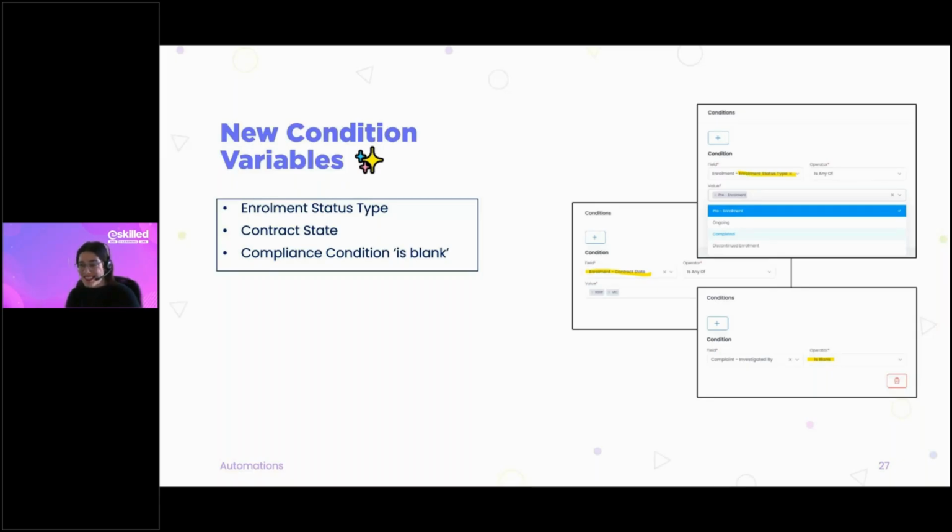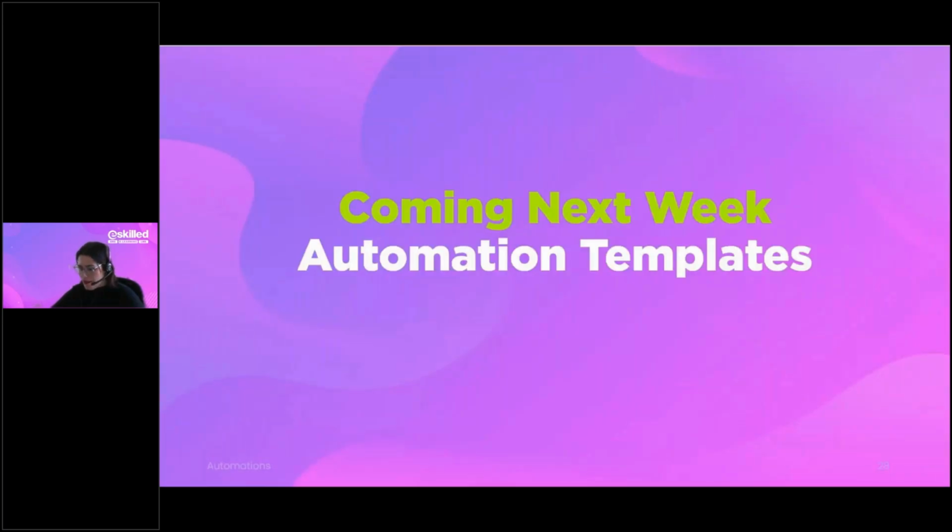So no one's investigated it yet. That might be an issue that you want to automate a reminder or email to go out to make sure that someone is allocated to do that investigation. So that's why is blank has been introduced there as well. So that's everything that's new in terms of functionalities.